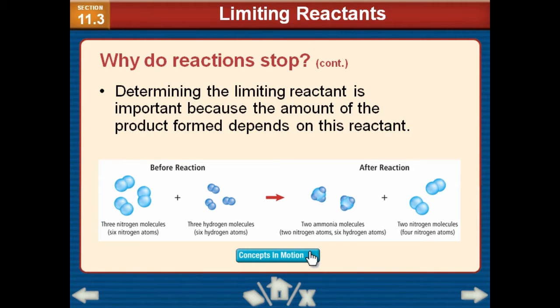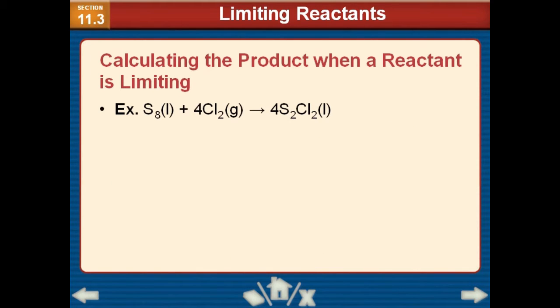Determining the limiting reactant is important because the amount of product formed depends on this reactant. So we can calculate the amount of a product when a reactant is limited. For instance, we have an equation here: S8, which is liquid sulfur, plus 4 moles of chlorine gas, gives us 4 moles of disulfur dichloride.